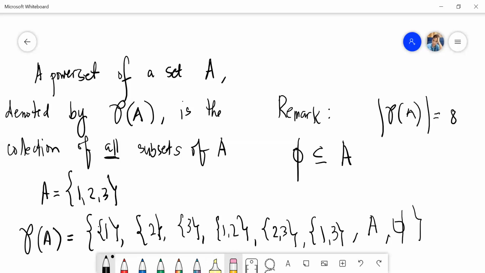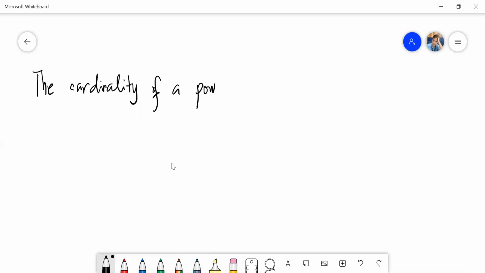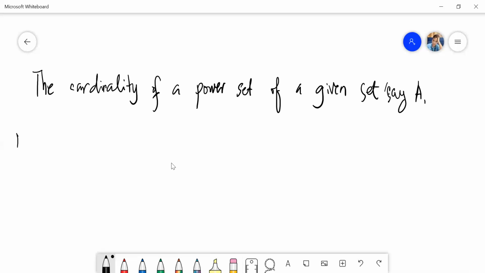Actually, there is a formula for the cardinality of the power set of a given set, say A.